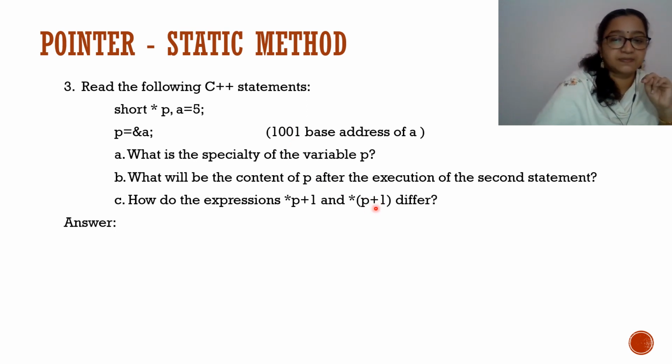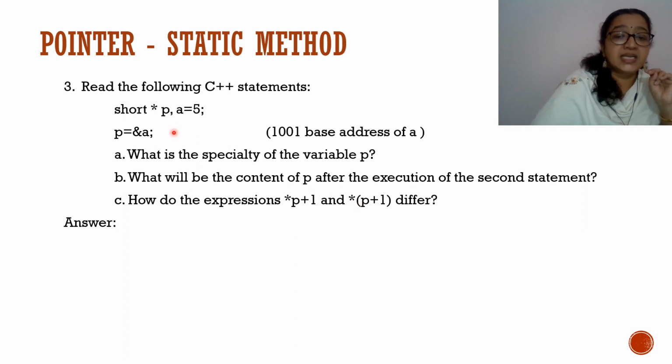So star of 1003 means the content of the cell 1003 we will get. That is the meaning of this.